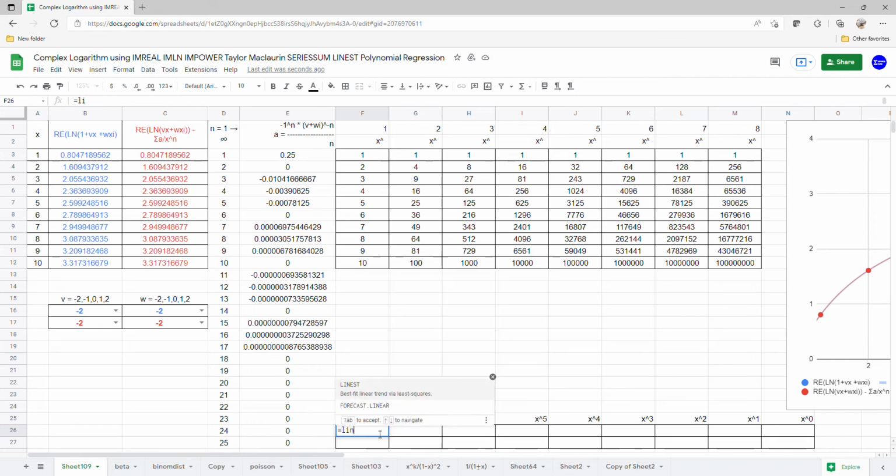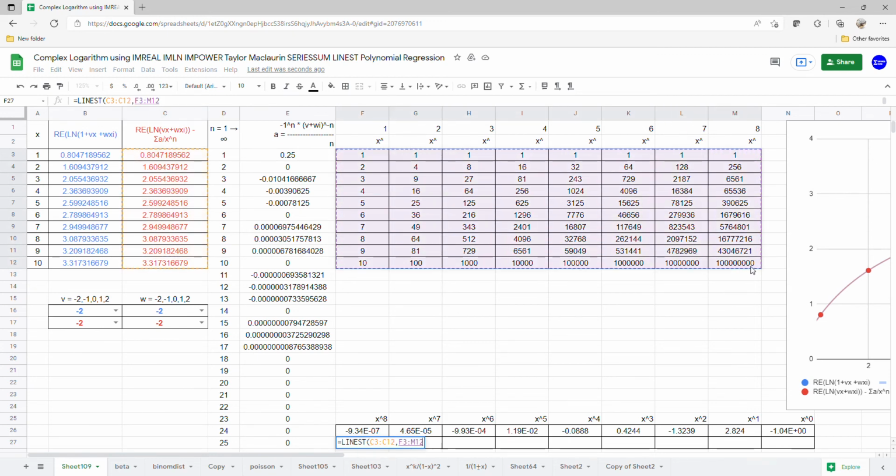So LINEST of y and x. Likewise, we have also LINEST of y, comma, and this is x.